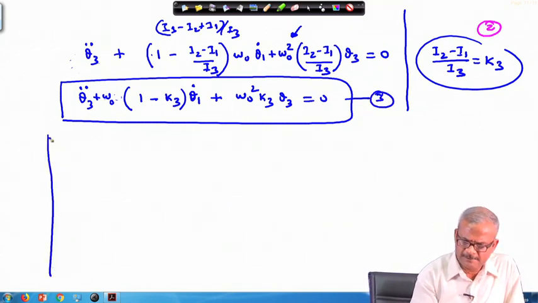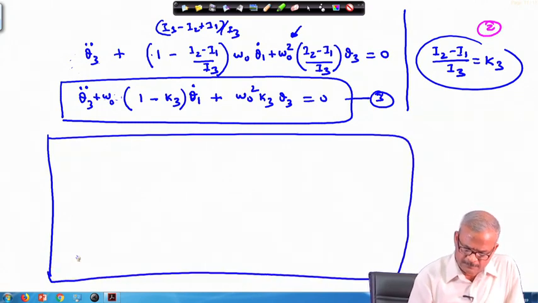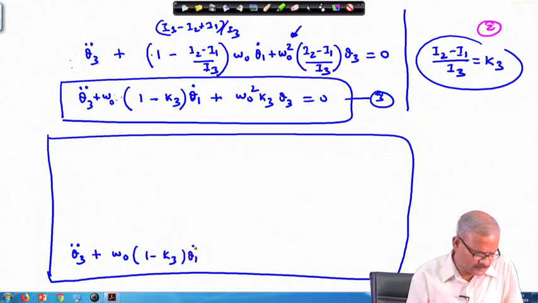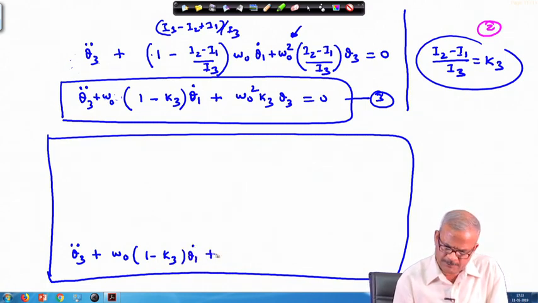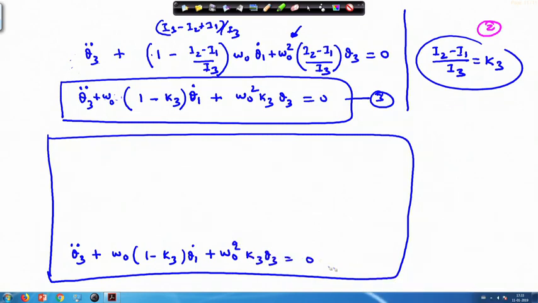So, combined together, now we can summarize the whole thing: 1 minus k 3 times theta 1 dot plus omega 0 square k 3 times theta 3, this equal to 0.